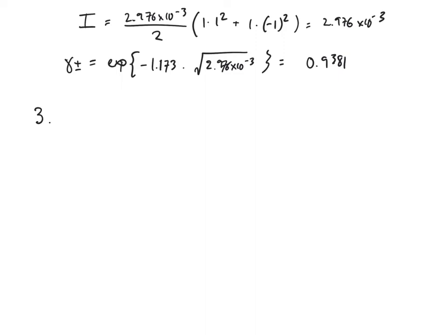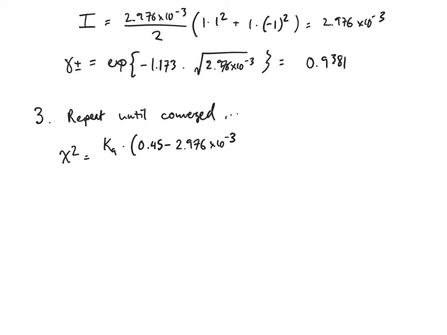Okay, so then step 3 of this whole process is just repeat until converged. And you may have to do this several times, but we're going to do it just one more time. So now we solve for x squared again, which is going to be just this Ka, and then 0.45 minus the concentration that we got on the previous step, 2.976 times 10 to the negative 3. And then this is divided by our new gamma plus minus squared.